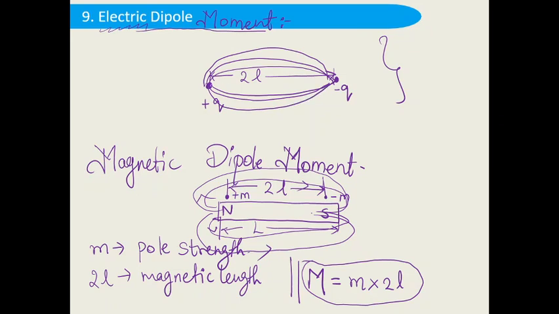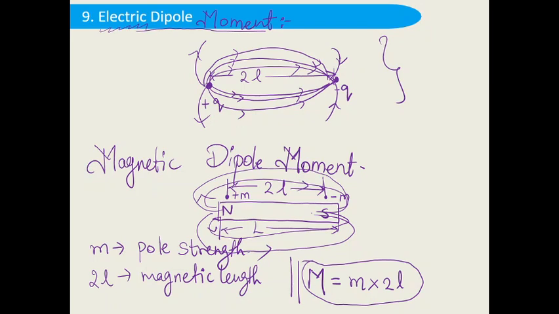Plus q acts like a north pole and minus q acts like a south pole, because electric lines of force go into minus q and originate from plus q. So this is called electric dipole moment.